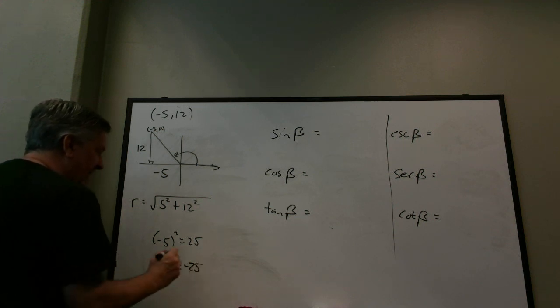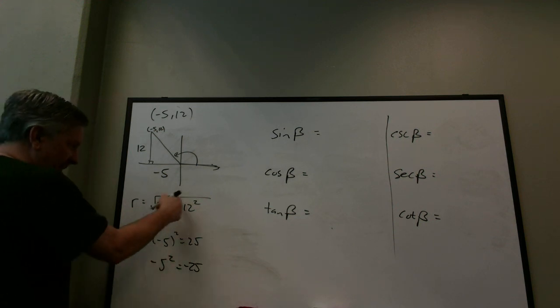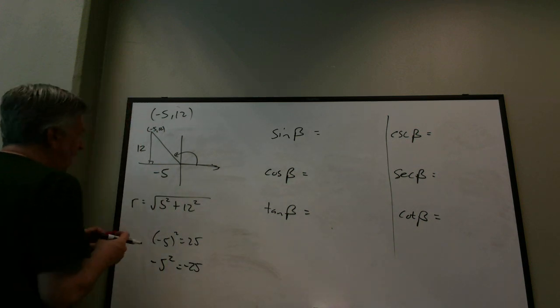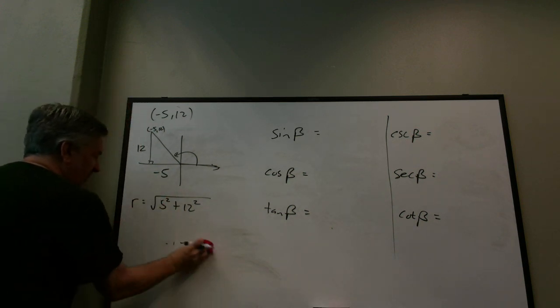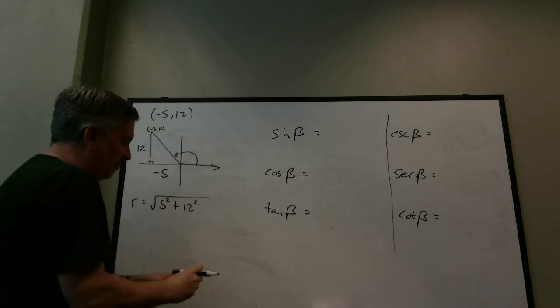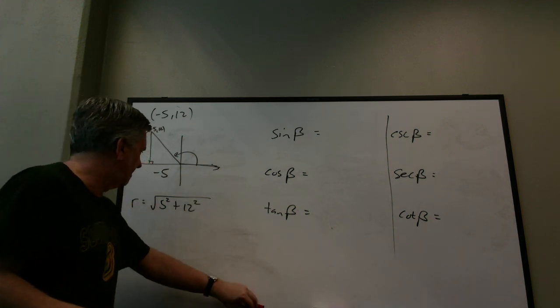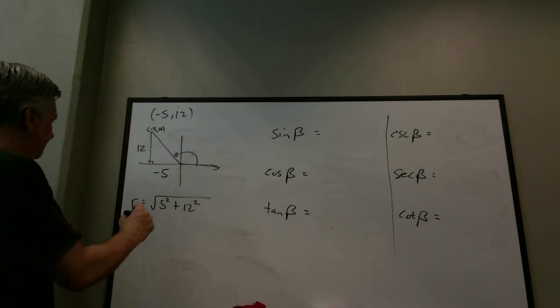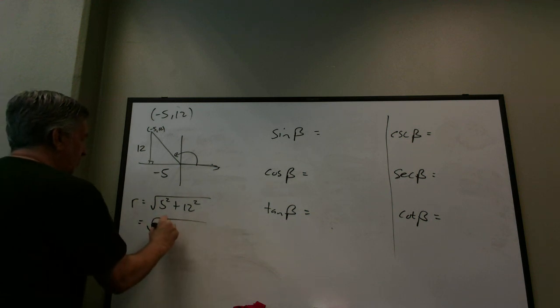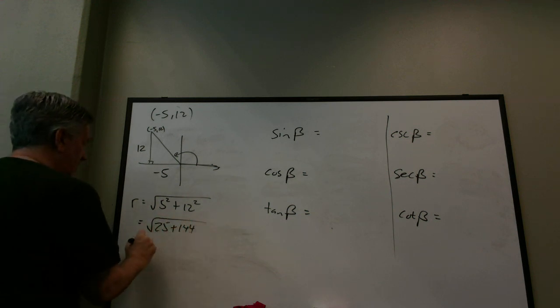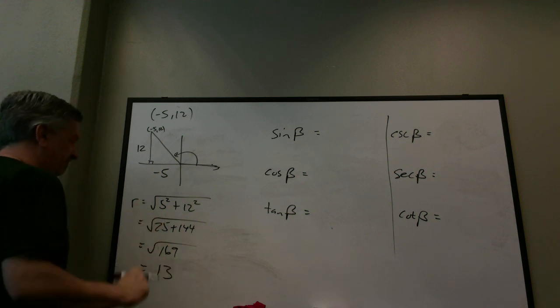That's -25. And they'll type that in the calculator and then get a wrong answer. So you might want to do what I just did here. When you're doing this R calculation, if either x or y is negative, when you square, just leave off the negative. So that's 25 and 144, which is 169, and the square root of 169 is 13.